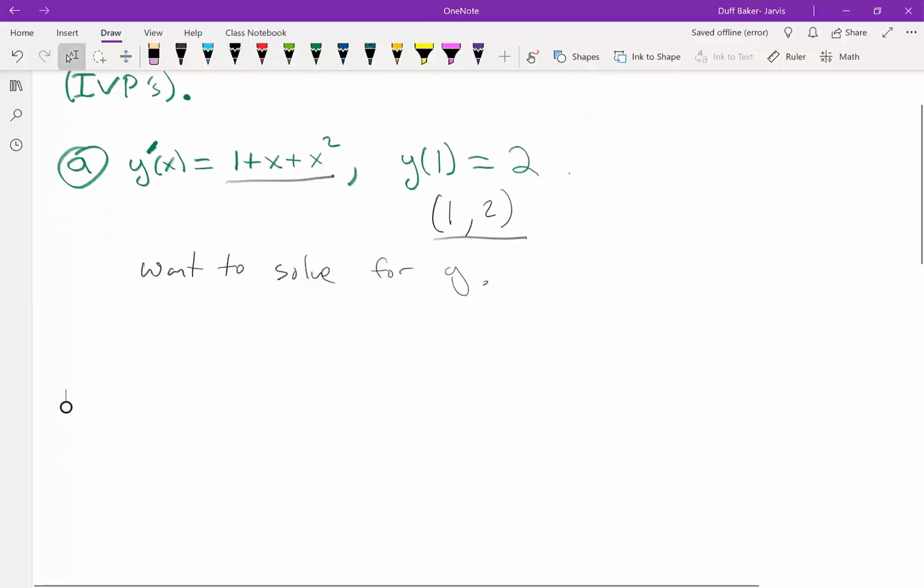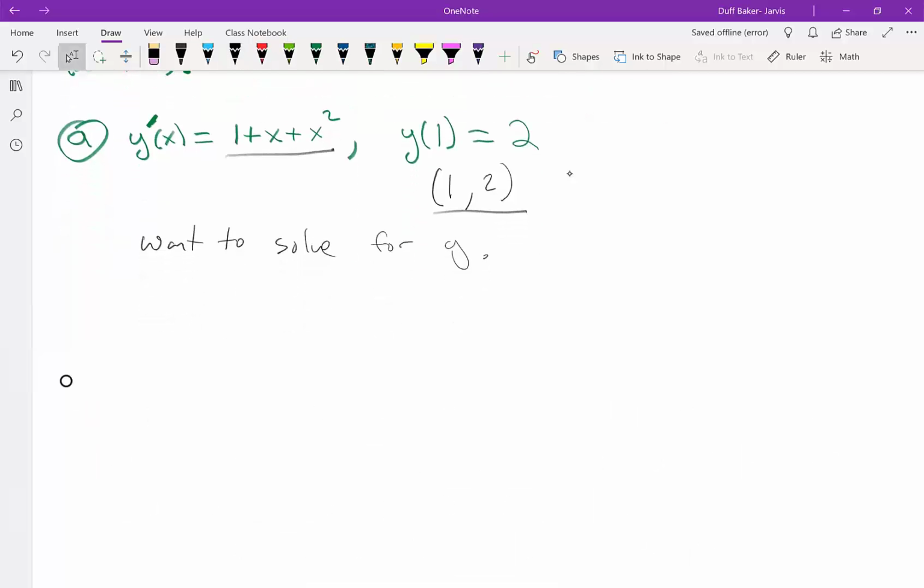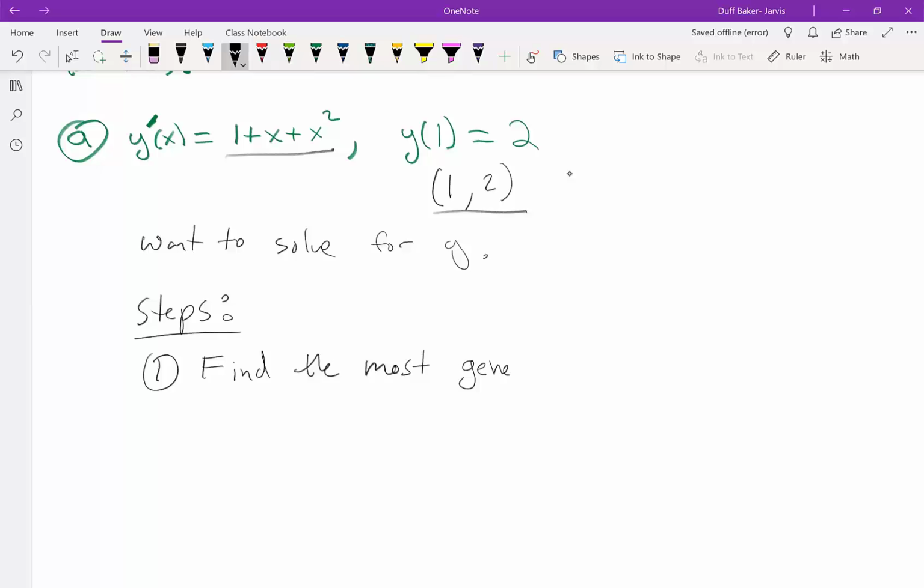Okay, so there's basically just two steps. Number one is you do what we were doing before, and you find the most general antiderivative of y prime.